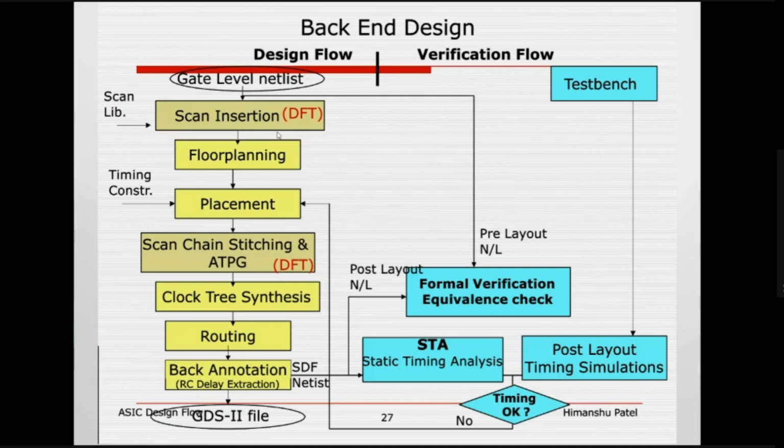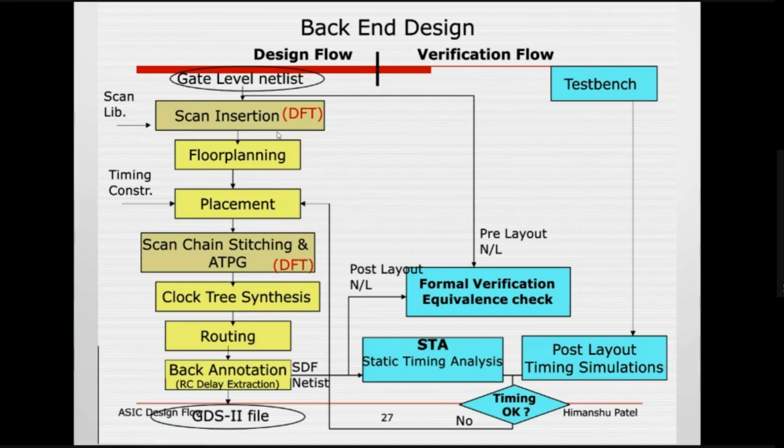For physical design, I'm telling you, if DFT is not there, RTL will directly interact with physical design. Now when you have DFT, this is the flow where scan insertion is done, and the DFT-inserted netlist is given to the physical design team. Then they start floor planning, placement, and routing.